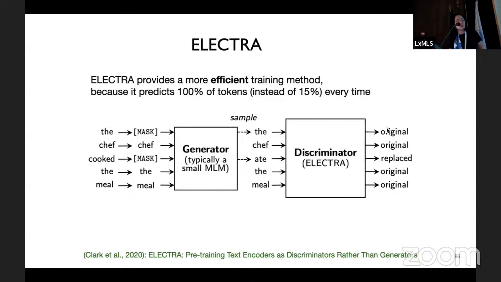And because you perform this binary classification at every position, it makes 100% predictions instead of only 15%. In masked language modeling, you only predict the masked words. Here you can predict at every single position because you don't know which positions have been masked out. You just take this corrupted input and predict whether each word has been replaced or not. So this is arguably a more sample efficient solution compared to the original masked language modeling.